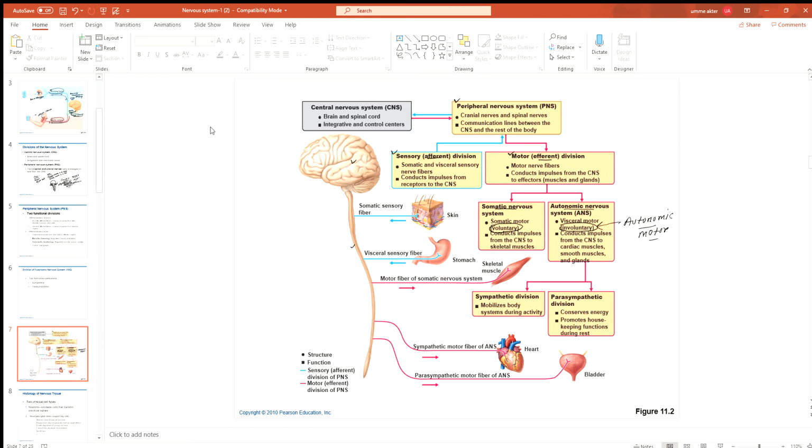Now, if you are thirsty and want to grab something to drink water, your brain sends signal to the muscles of your hand, but this signal is voluntary. If you think that you want to move your hand, you can do that.